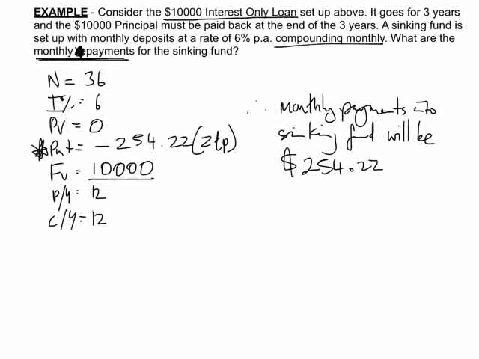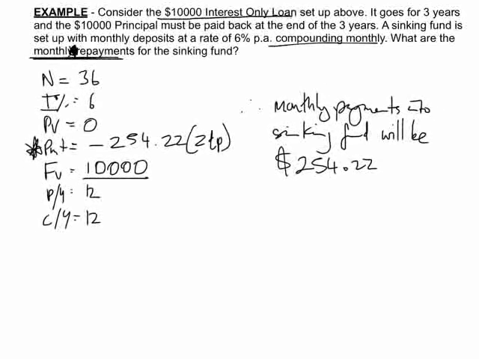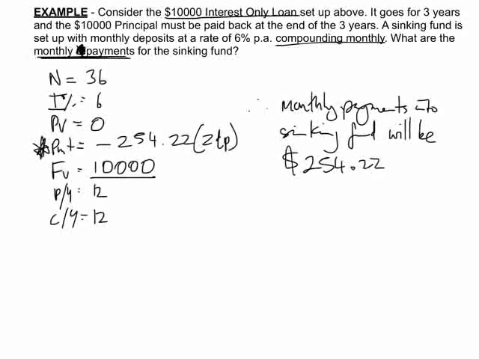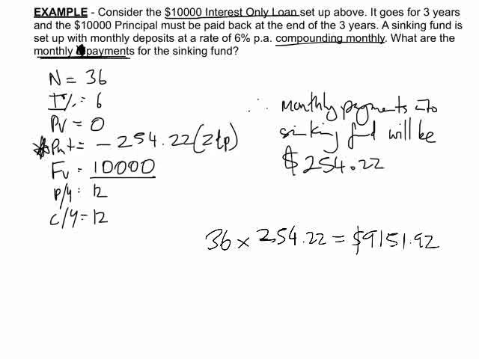So if you have a look, you've made 36 payments of $254.22. 254.22 times 36. You paid $9,151.92 to end up with $10,000.